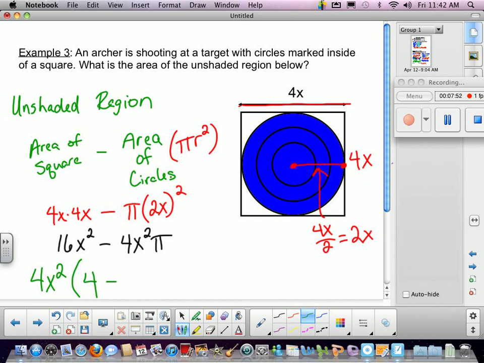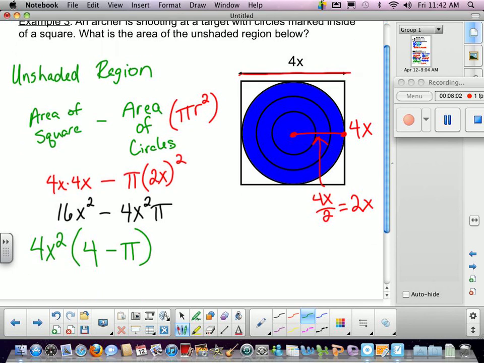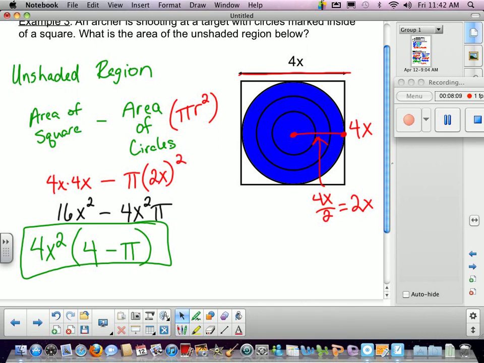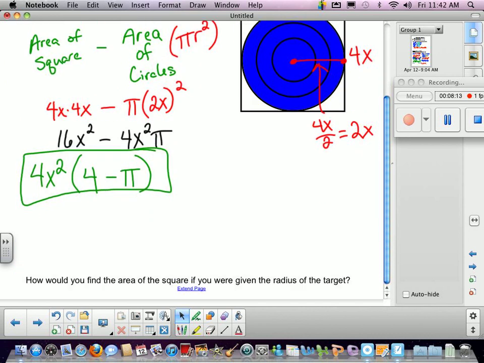And then minus, and 4x squared would go into 4x squared one time, and we just bring down the pi. So that would be the factored form of our answer. That is the area of the unshaded region in factored form.